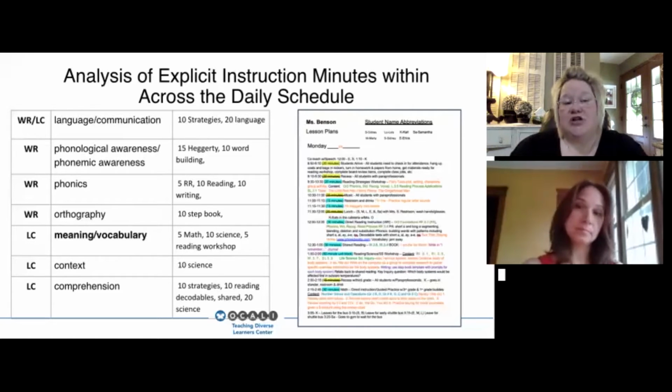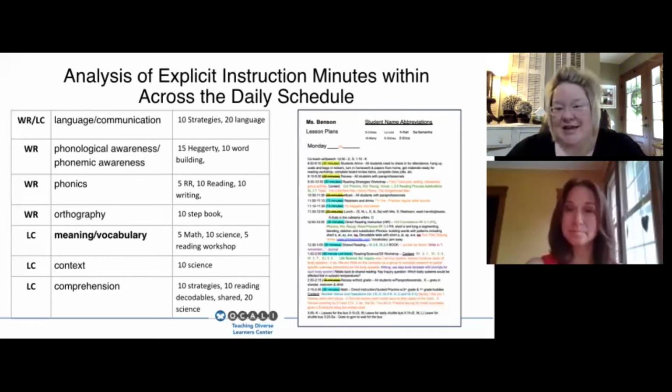So this is actually a checkpoint where you could potentially pause the video and take a look at your own plans to see where you are integrating vocabulary currently and how much time you are spending on that. Is it a blip on the radar? Are we really digging in and spending some real time to explicitly teach these routines, as Tracy has talked about?